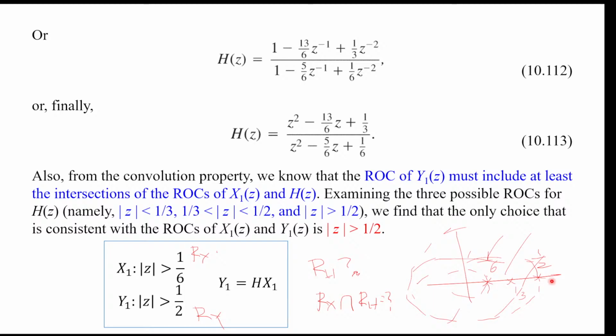So you see that if you pick those two inside RC, less than 1 over 3, or between 1 over 3 and 1 over 2, and consider the intersection with x1, you see the intersection all have something less than 1 over 2, and that's not possible. So the RC for h must be the outside RC, greater than 1 over 2.